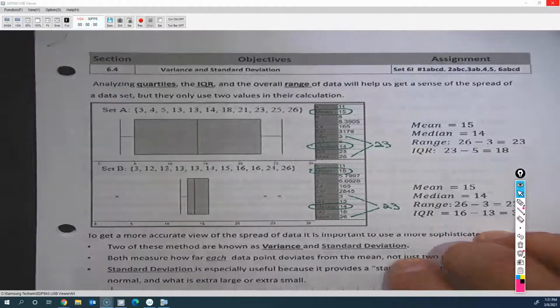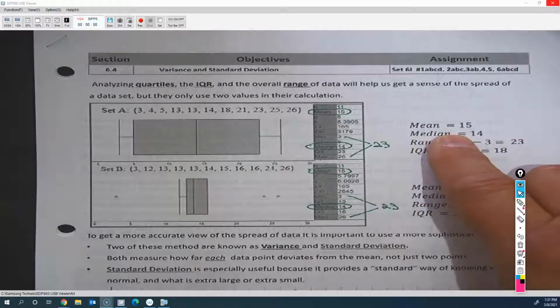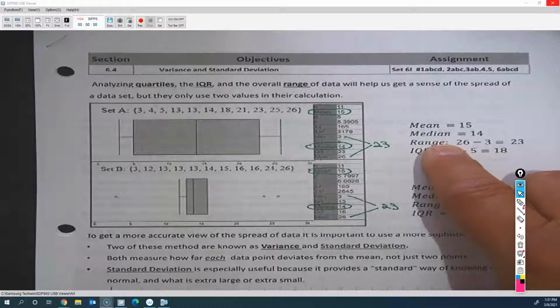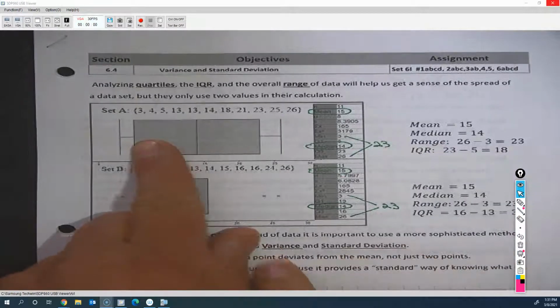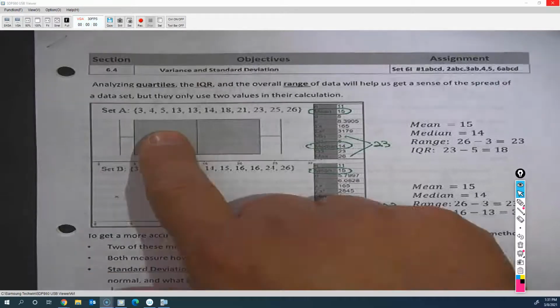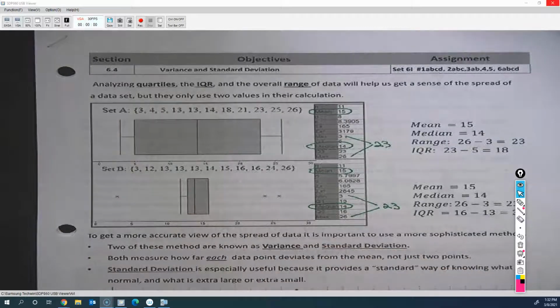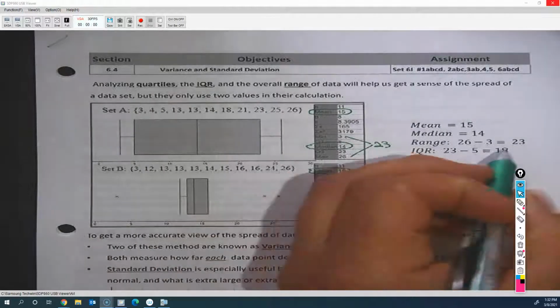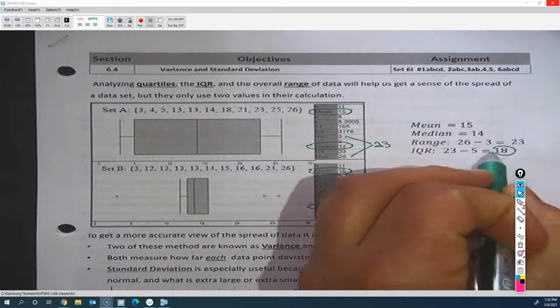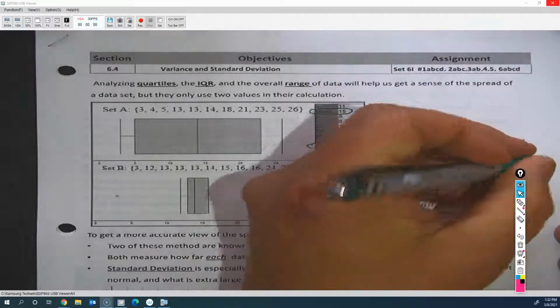So these two data sets have the same mean, the same median, and the same range, but they look very different. This data is much more spread out than this data. What gives you a hint of that is the IQRs are really different. Big difference there.